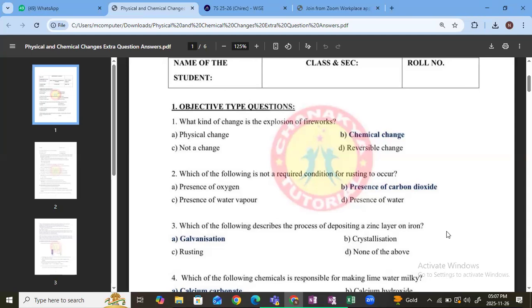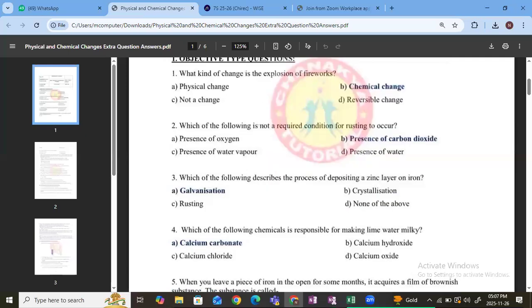Including zinc, chromium can also be used. So you can simply say that the layer of zinc oxide that has been formed is resistant to further corrosion. Ma'am, I also think that zinc is more reactive than iron, right? Yeah, it is.